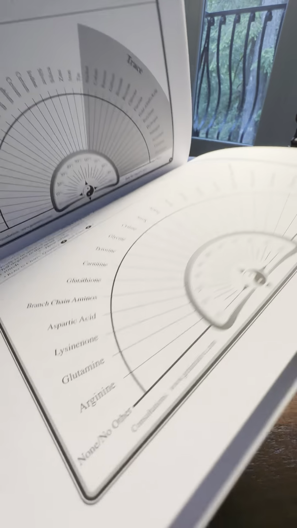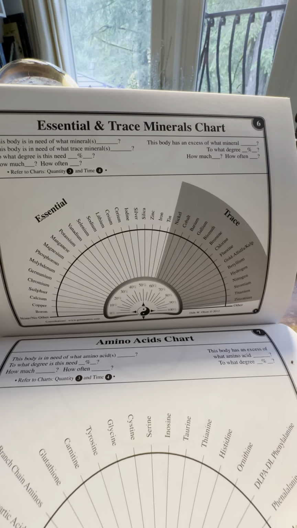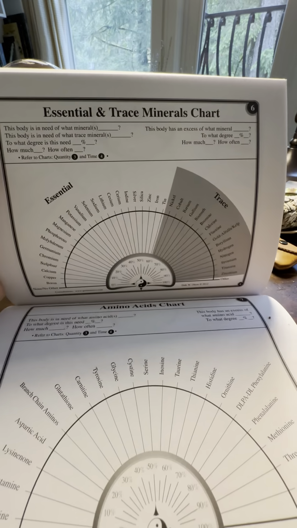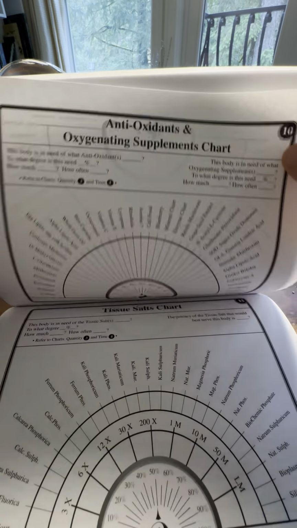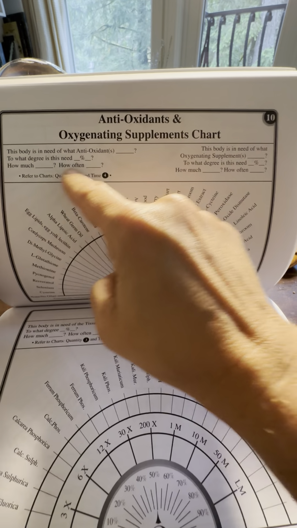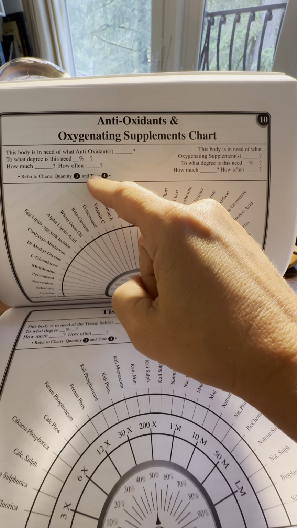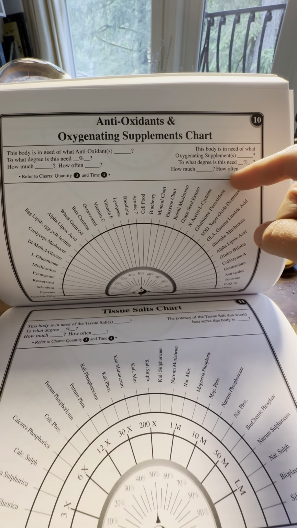Explains the ideas behind it, how you can find water, all kinds of things. But in the back of the book, he has all of these charts, okay? Like your essential trace minerals, amino acids. You can find out what amino acids you need, enzymes for digestion. And he explains to you how you can ask your question for your pendulum, okay?